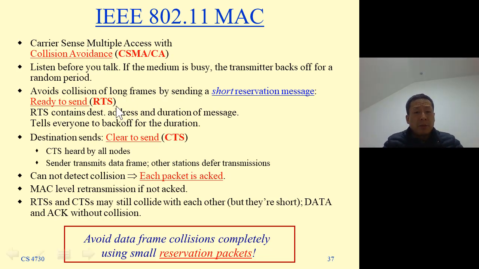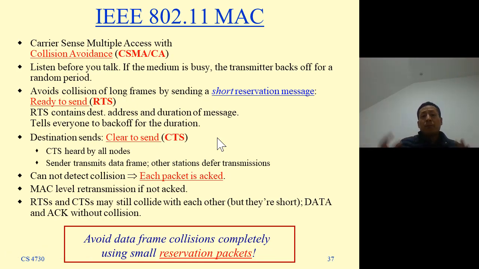So, for example, RTS is a request to send, a reservation message sent to the receiver. It contains the destination address and the duration of the message, basically telling everybody to back off for that duration. Whenever the destination, the receiver, gets the message, he will make the decision.